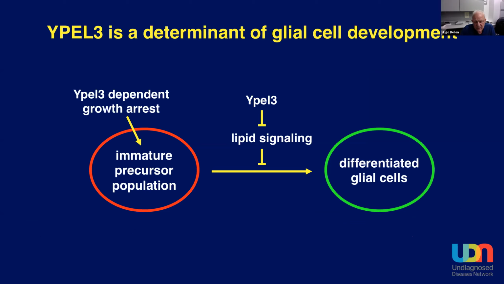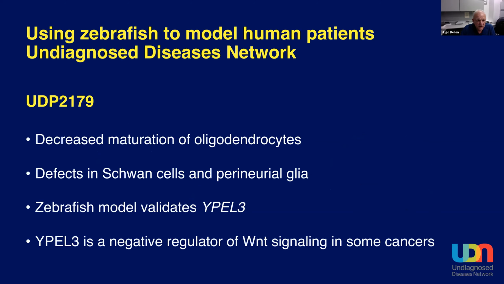It's required in the immature precursor population, and in the absence of yippee-like 3, you clearly have a lack of differentiation of the glial cells, and that probably leads to a problem with the axons. They defasciculate, they swell, and they become larger.